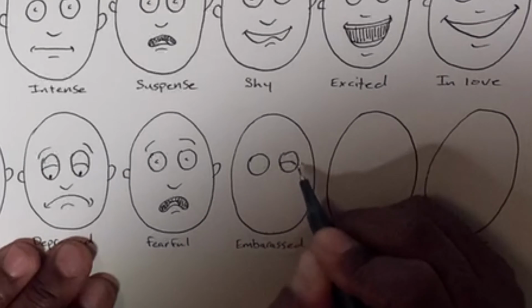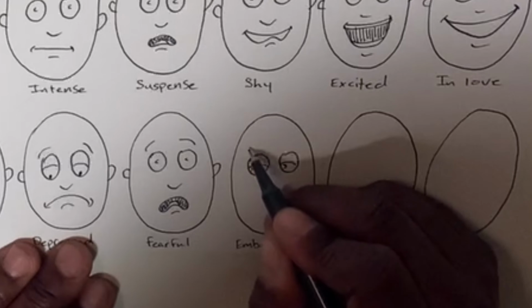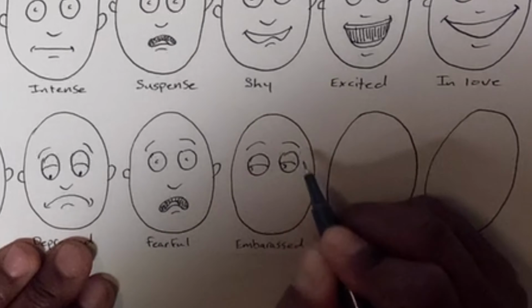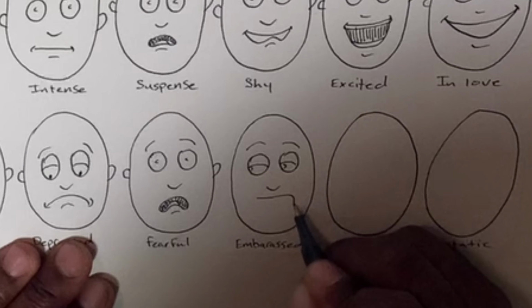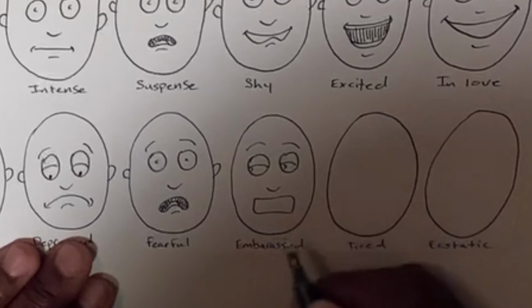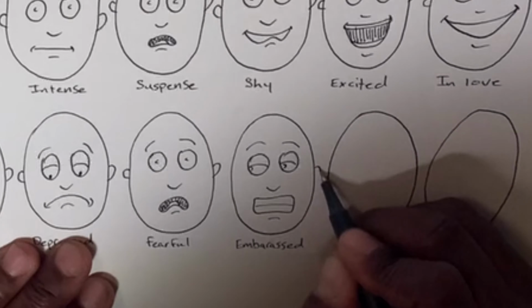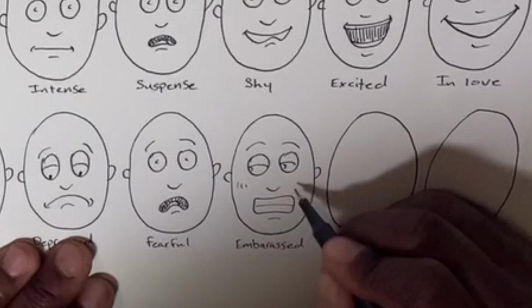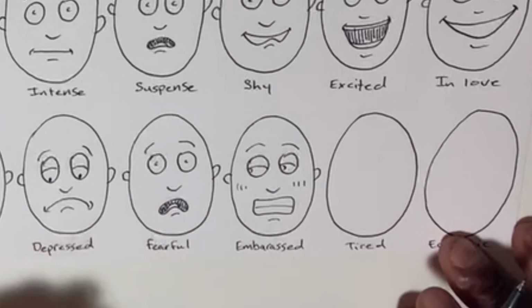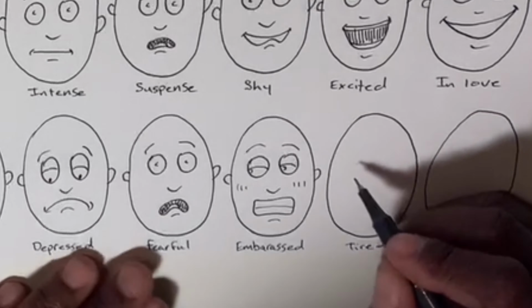Let's get the ovals in there. He kind of doesn't even want to look at what has him embarrassed. The embarrassing smile. The awkward kind of smile. The blushing of the cheeks. And he is definitely embarrassed.